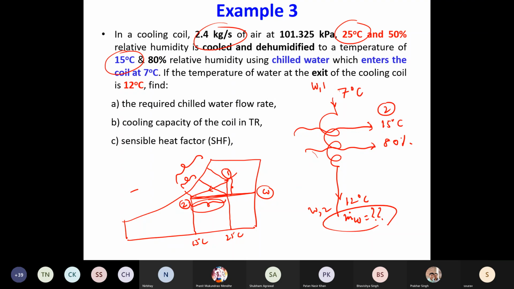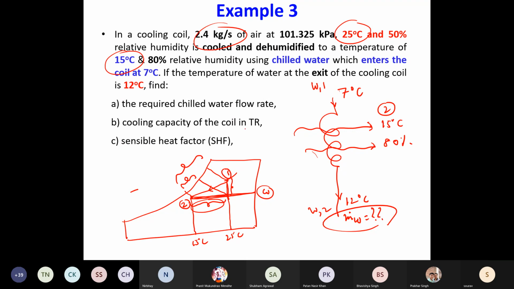Okay, and you have to get the intersection of these two. What would be this temperature? 25. What would be this temperature? 15. Okay. What would be the omega over here? Same as omega 2. So you call for enthalpy at 25 degrees C and omega equals omega 2.